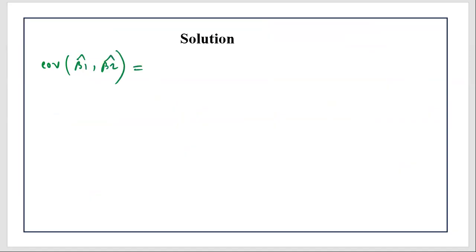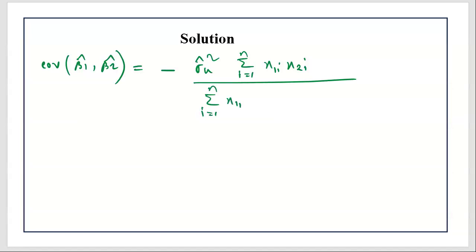Covariance of beta 1 cap, beta 2 cap. The formula is this. In the starting, you have a minus, sigma u cap square, summation i from 1 to n x1i x2i, upon summation x1i square, summation x2i square, minus summation i from 1 to n x1i x2i whole square.